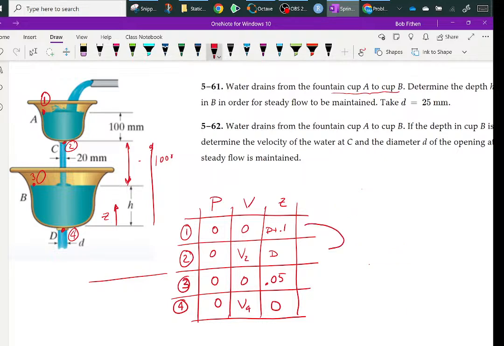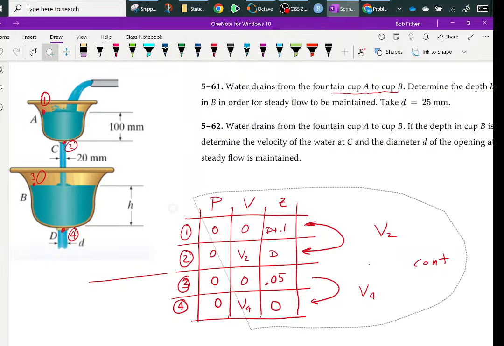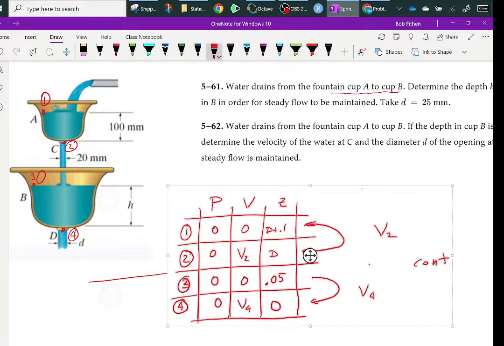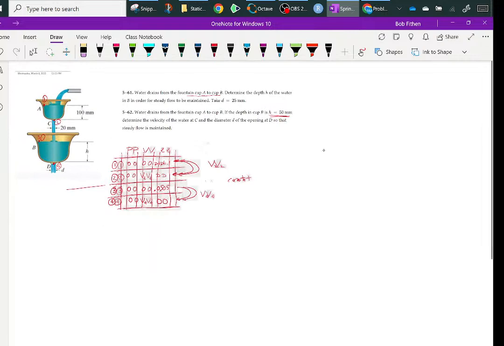If we write between here and here, we can end up with V2. If we write between here and here, we can end up with V4. But one of the things that has to be maintained is continuity. So now that I've done the logic of going through it, let me do them individually. I just wanted to show that table because then you get an idea of what you need to do. It's not necessary. Let me get it out of the way now.